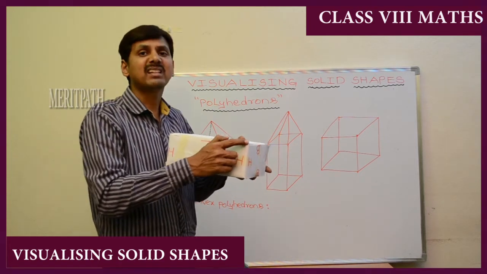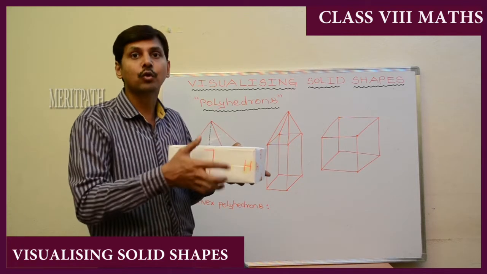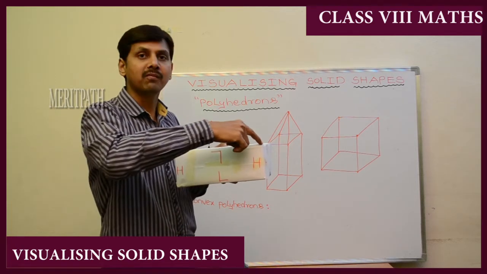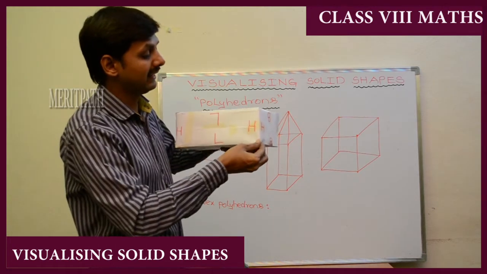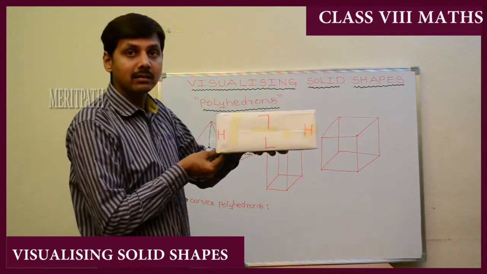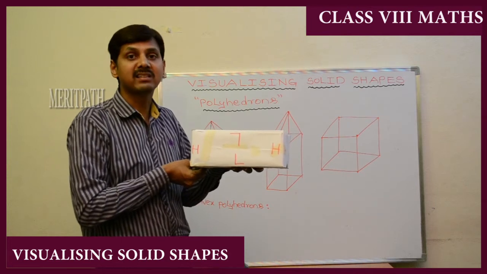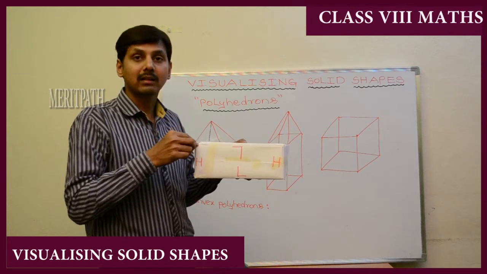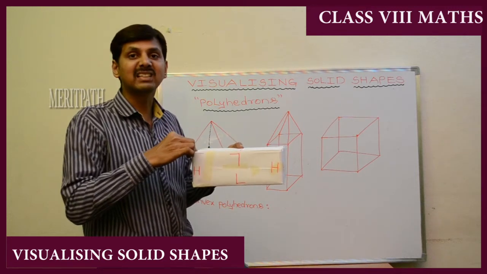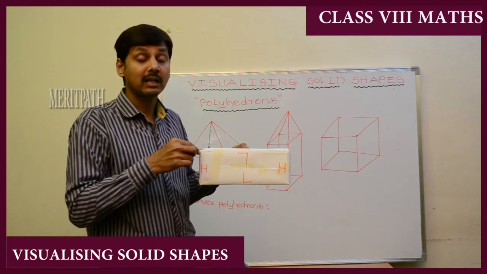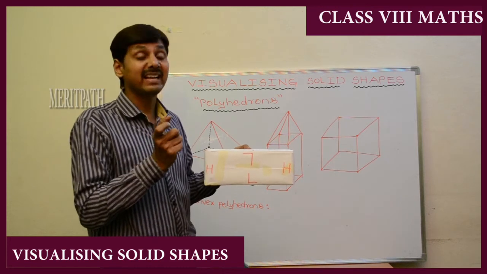Let's see how many vertices we have in this cuboidal box. This is the first vertex, vertex 1, 2, 3, 4, 5, 6, 7, 8. So totally we have 8 vertices. One we call a singular point, the joining of these edges we call a vertex. The plural form of vertex is vertices.